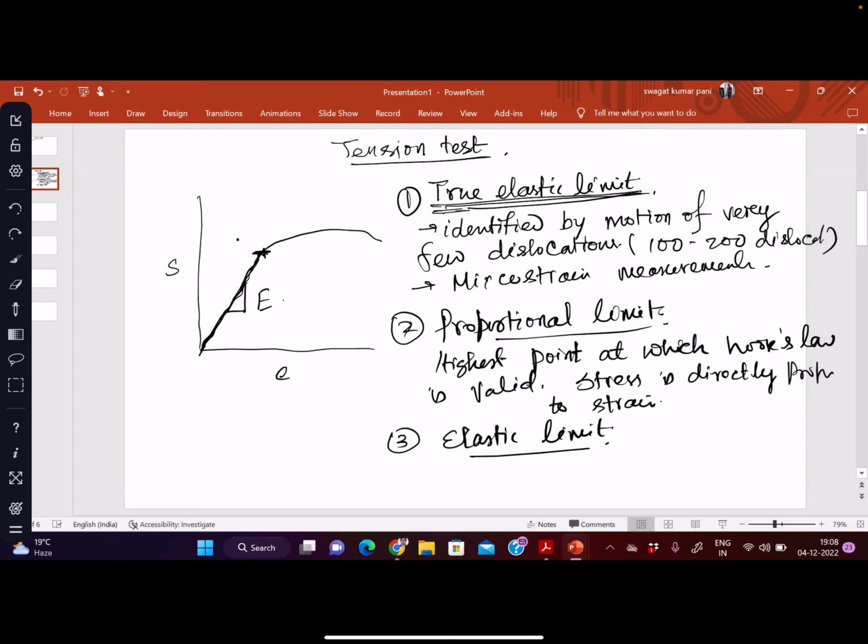So what is elastic limit? This is the highest deformation any material can withstand without any measurable permanent deformation.